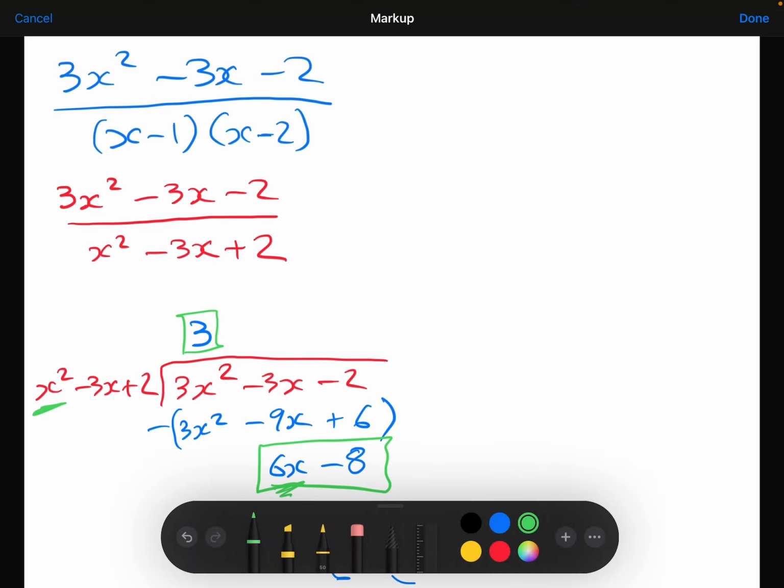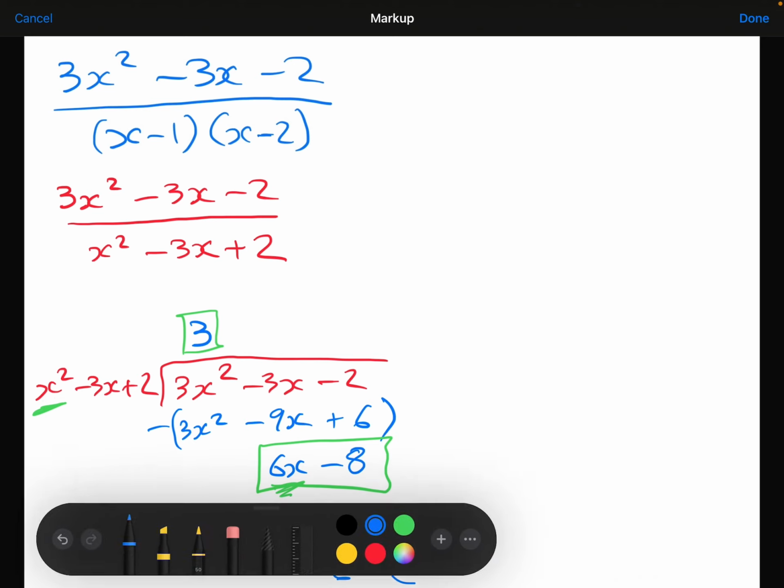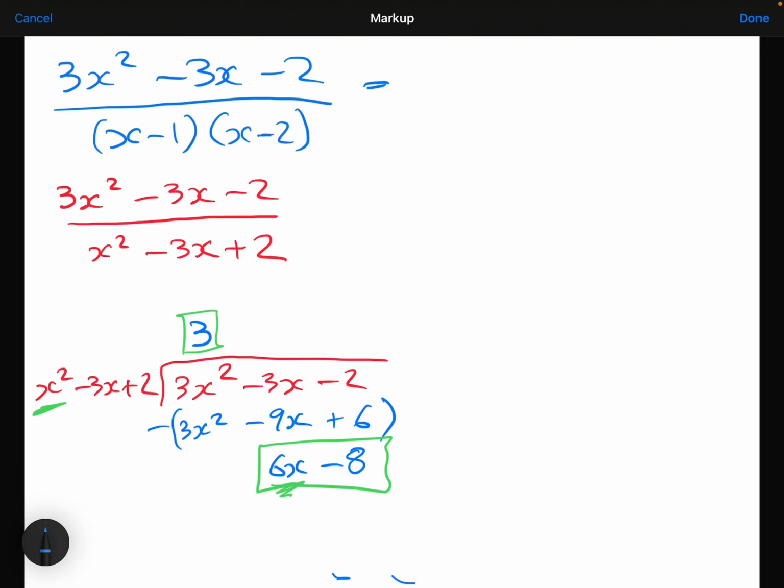That's the whole part that I've got here. And the 6x minus 8 is the remainder. So I can rewrite this improper fraction as 3 plus the remainder 6x minus 8 that still needs to be divided by that denominator.